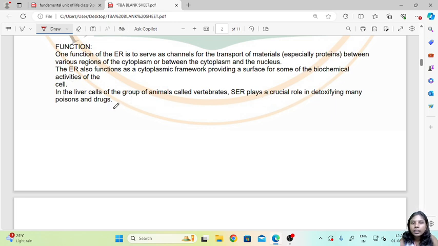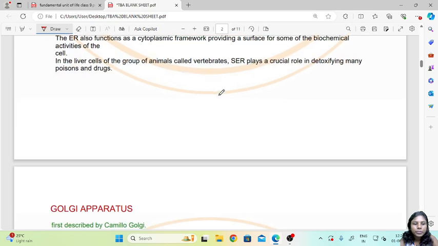So this smooth endoplasmic reticulum helps in detoxifying many of the poisons and drugs that are present in their bodies.